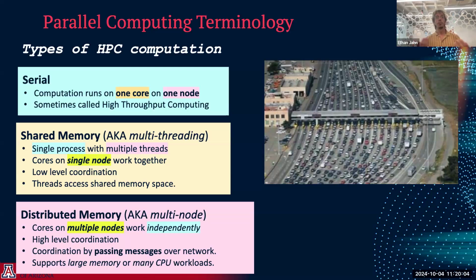So there's a much more complicated communication that needs to take place during distributed memory when compared to shared memory or multi-threading. Again, to summarize: shared memory, single node, all processors have access to the same memory space. Distributed memory, multiple nodes, communication required in order to get those processors to work together because they don't have access to the same memory space.